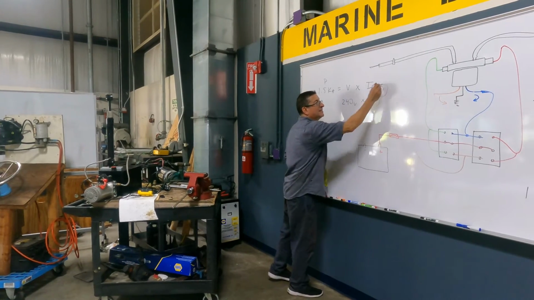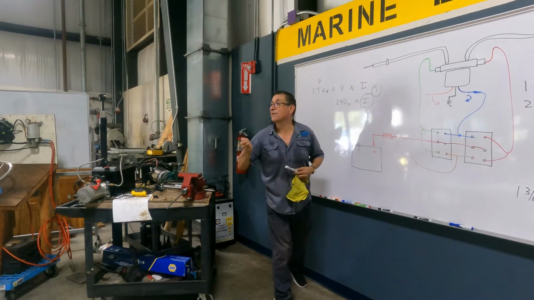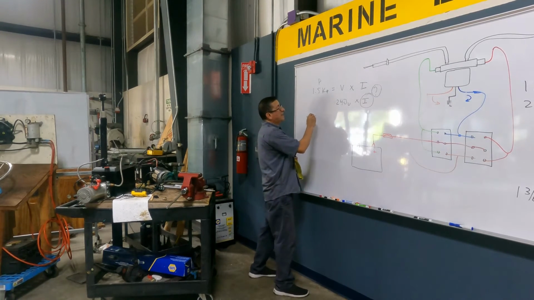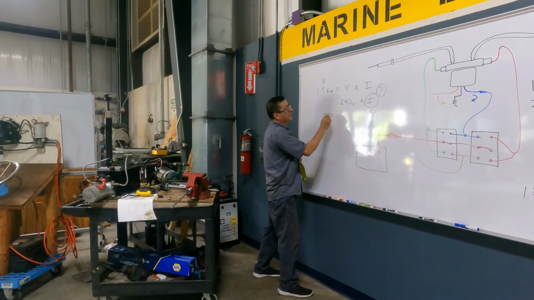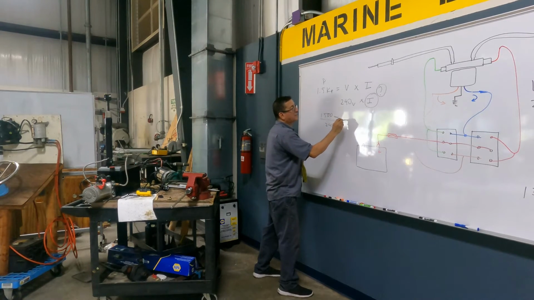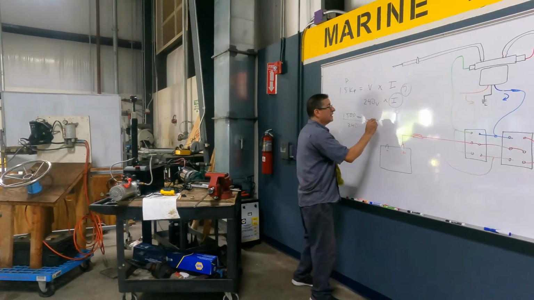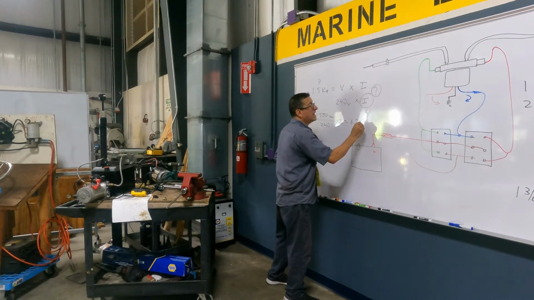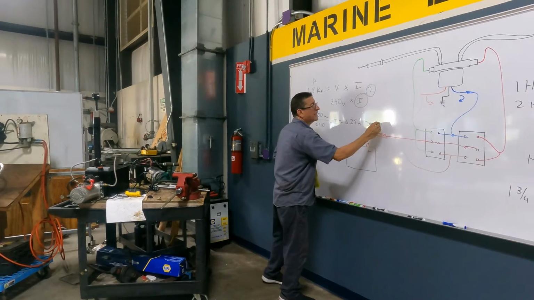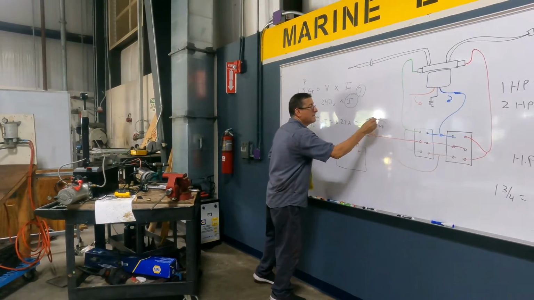This is the intensity that I want to know to select the breaker. I have 1500 watts divided by 240, and this is the intensity. How much is 1500 divided by 240? 6.25 amps. I am going to use a breaker of 10 amps. Bingo!